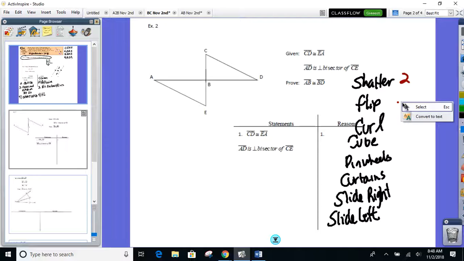How about a curl? 5 on curl. Cube. 4 on cube. Pinwheels. About 10 on pinwheels. It's gonna be curl now. Curtains. Slide right. Slide left. Okay, so you guys have pinwheels or Promethean man.